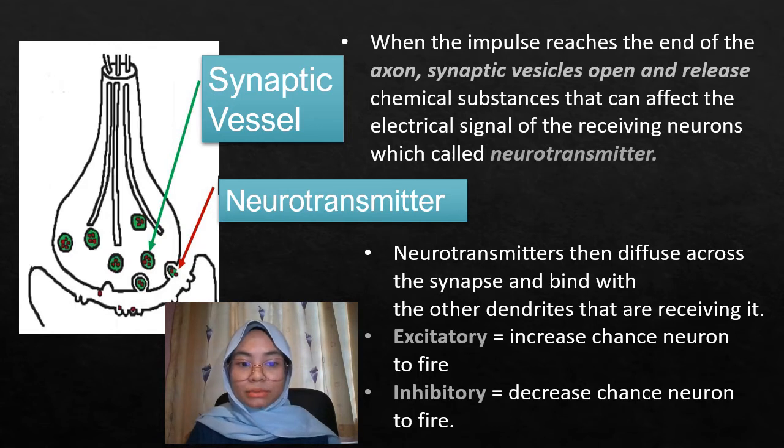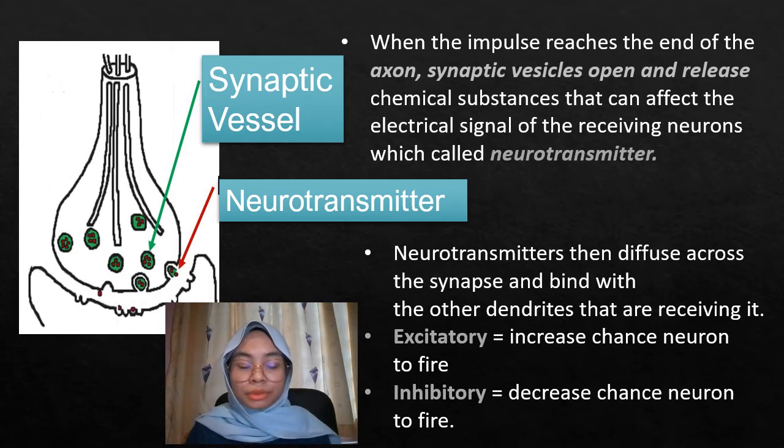When the impulse reaches the end of the axon, synaptic vesicles open and release neurotransmitter, which is a chemical substance that can affect the electrical signal of the receiving neurons. The neurotransmitter then diffuses across the synapse and binds with the receiving dendrites of other neurons.